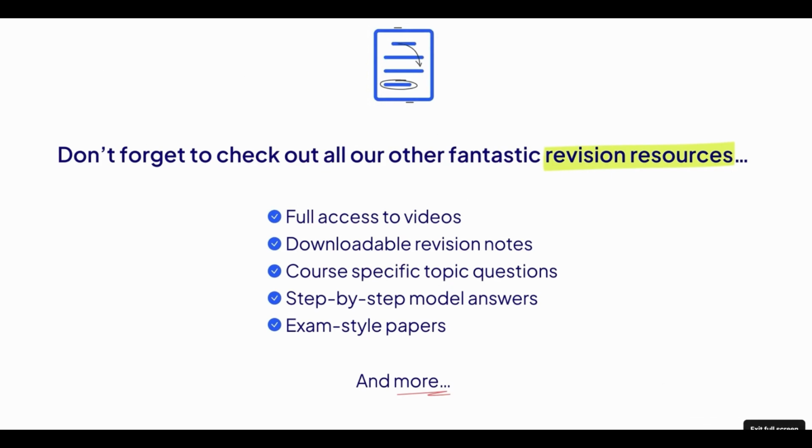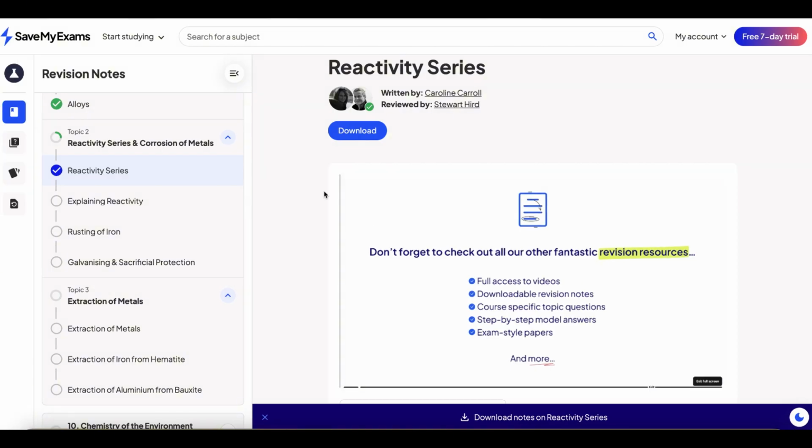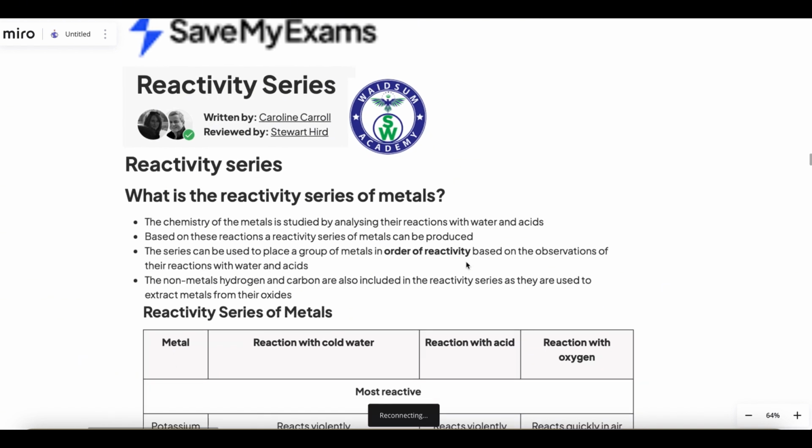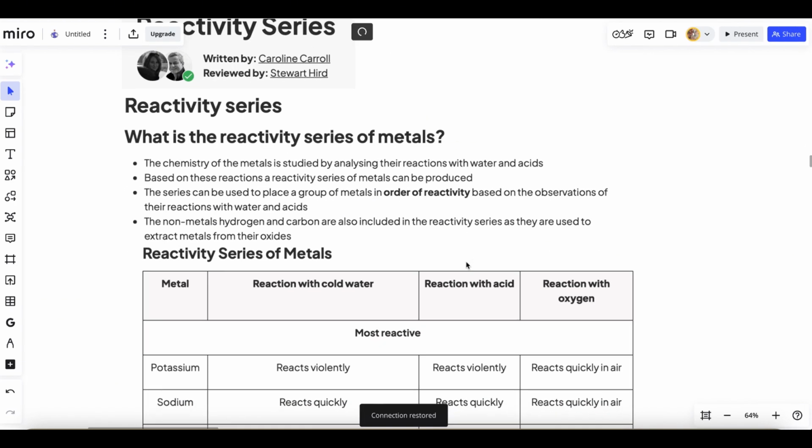Okay, so we've seen the tutorial, and let's quickly go through the material. So we've understood what reactivity is. We arrange metals, with the exceptions of carbon and hydrogen that are non-metals that are part of the reactivity series. Every other element in the reactivity series is a metal.